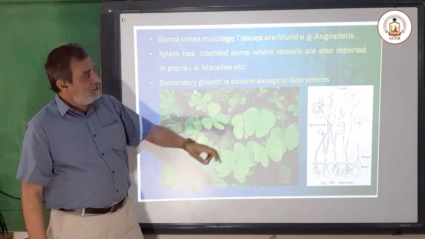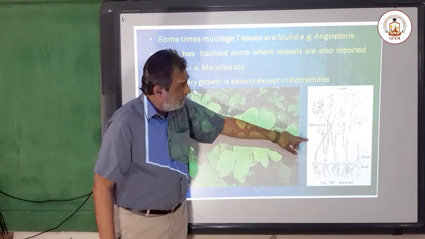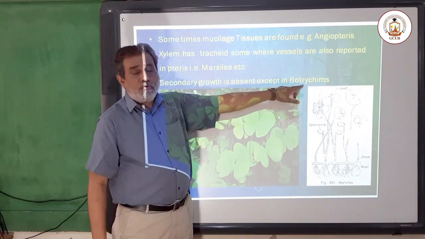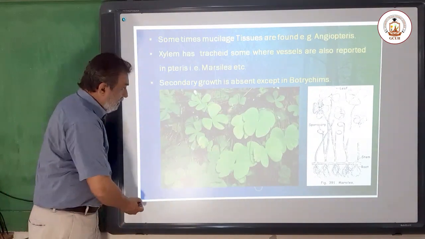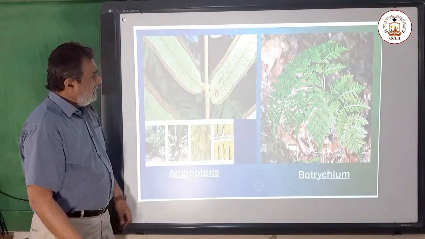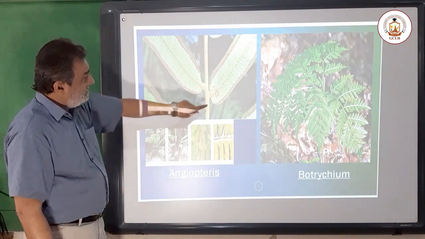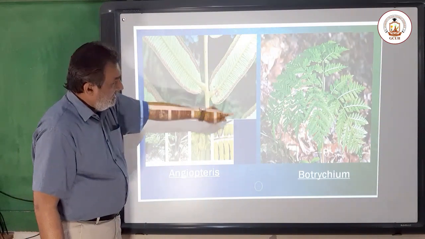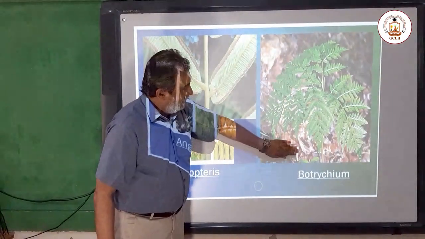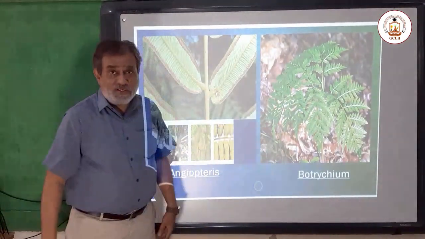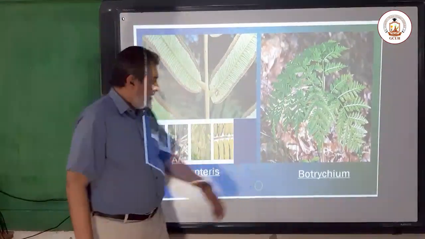Secondary growth is generally absent because the stem is rhizome type, so wood cannot be formed properly. But in Botrychium, you can see secondary growth to some extent. This is the Botrychium plant with its branches, and it is shrub-like in structure, that's why you can see secondary growth here.